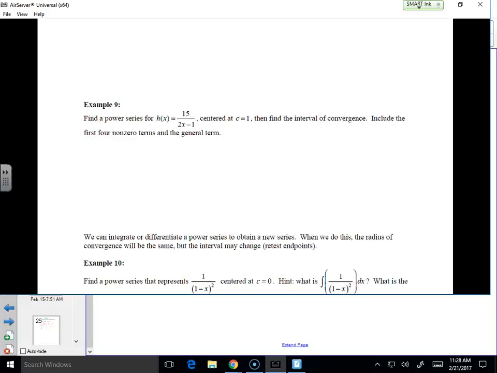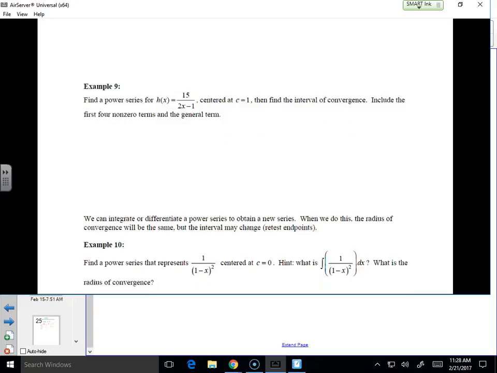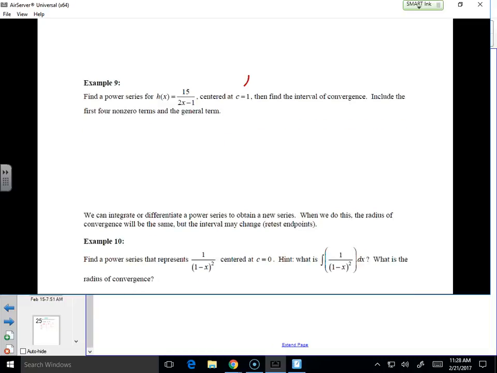We could technically pull out a 2 if we wanted to. Centered at c equals 1, don't we need some sort of x minus 1? So how do we incorporate an x minus 1 into our expression?